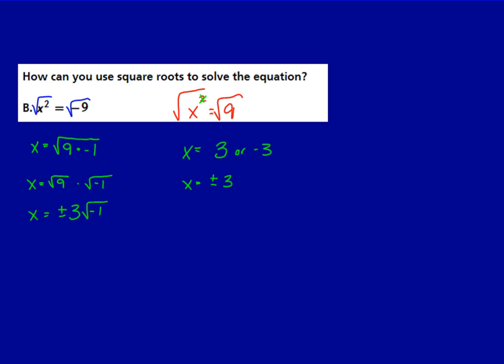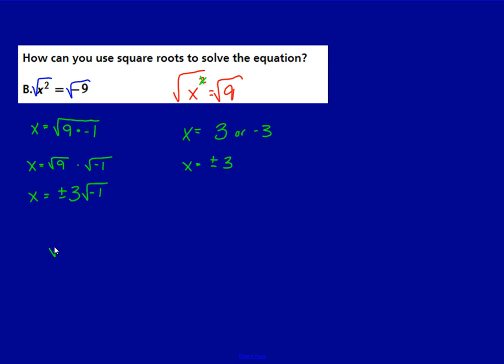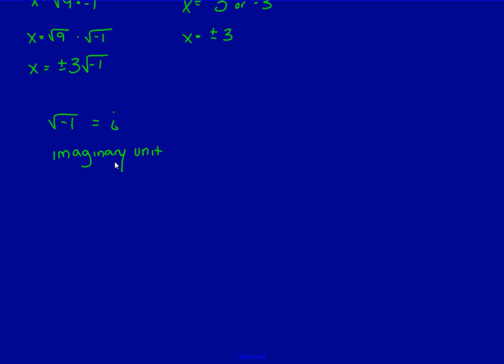Well, what you need to know is there is a square root of negative 1. It is i. Okay? i is the imaginary number, or the imaginary unit is what your book's going to call it. That's the imaginary unit. So the square root of negative 1 is i.